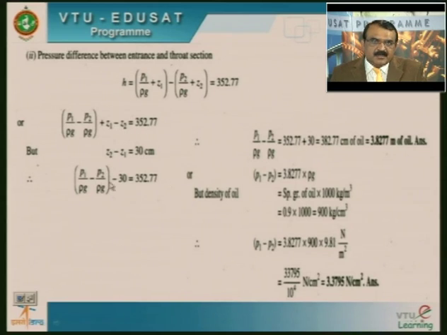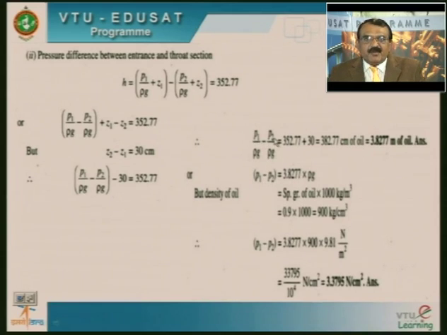That is the reason in the next step this P1 by rho G minus P2 by rho G, so this is plus, since you are looking for Z1 minus Z2, therefore this becomes minus 30 is equal to 352.77. Now, if you simplify this, if you take the term to the other side, the right hand side, this becomes plus, you are going to get 382.77. That is what I presented here, 382.77 centimeter of oil.